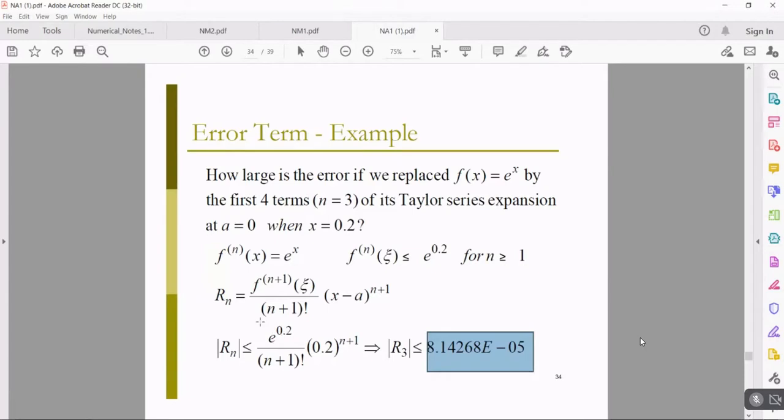Here we have put n equals 3. So this is the maximum error between the exact value and the approximated value. What I mean by this is, if you directly obtained f(0.2), or you obtained f(0.2) by using its Taylor series expansion using the first 4 terms.